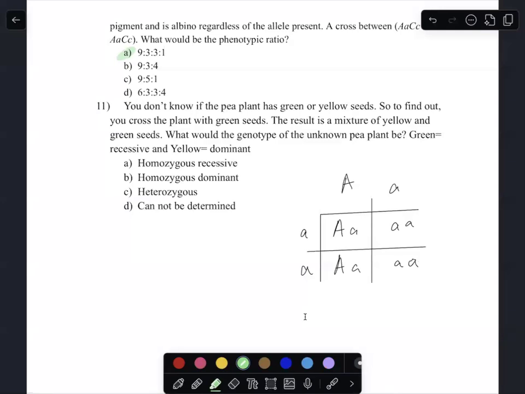So yellow is dominant. So these would be yellow and these would be green. If it was a homozygous recessive, they would all be green. If it was a homozygous dominant, then they would all be yellow. But in the question, it says we got a mixture of green and yellow. So that means we have a heterozygote.